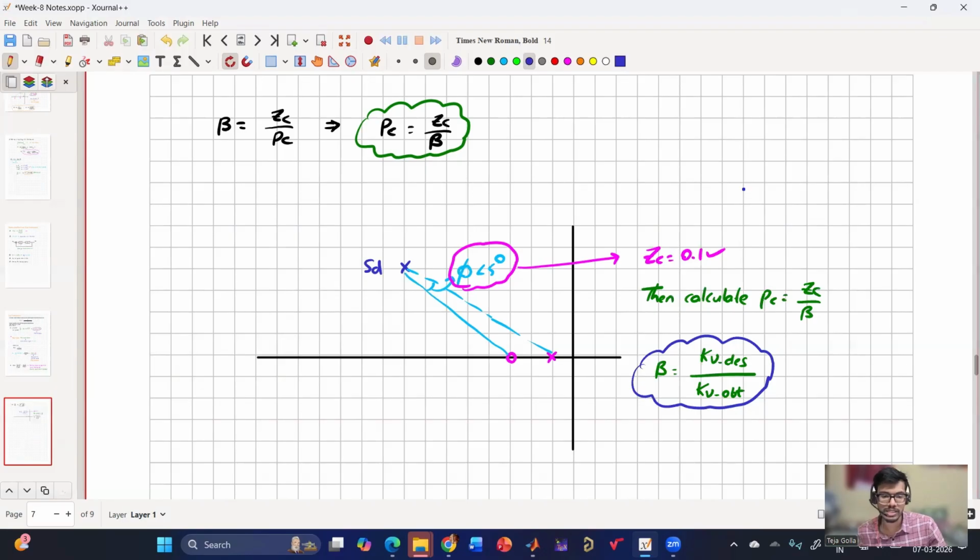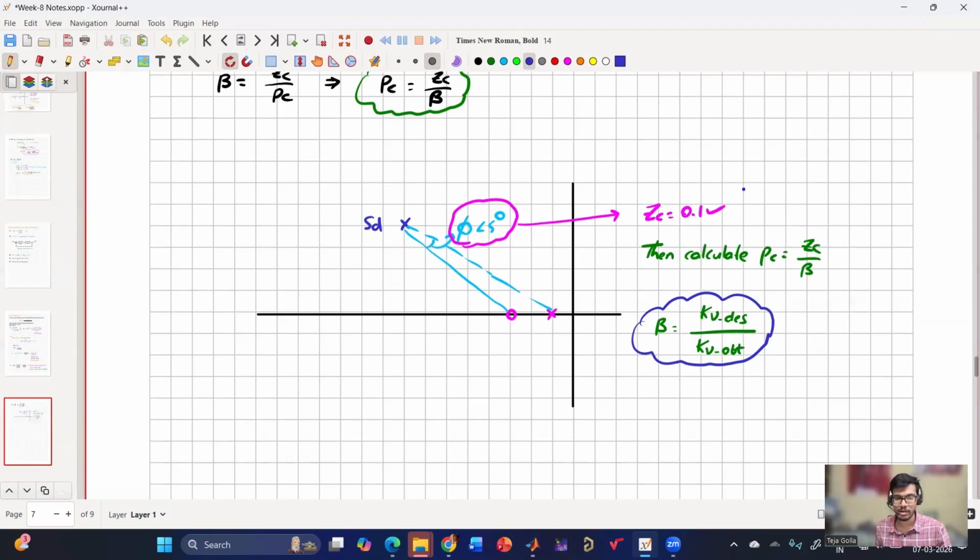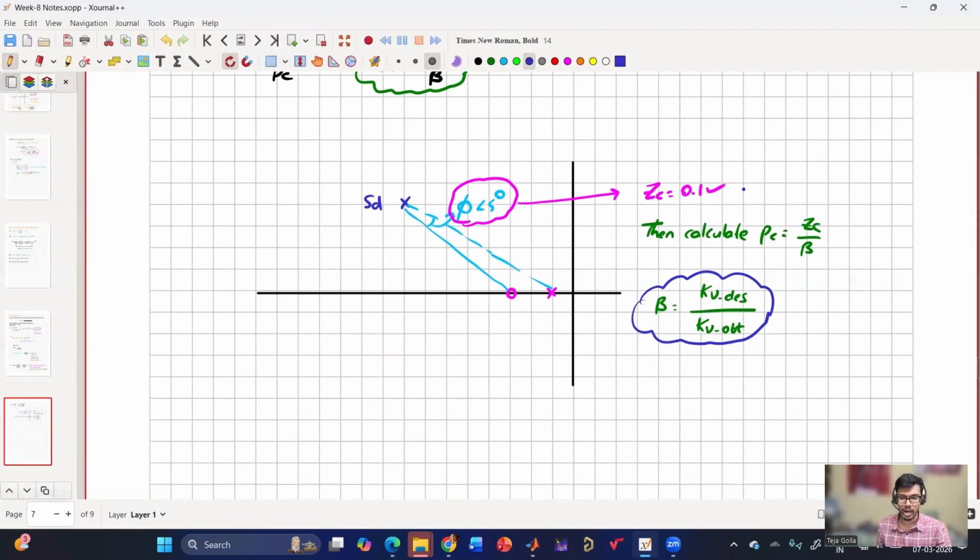So the lag compensation is easier to design. Why? Because I am not doing rigorous math like how lead compensation needs. Here we need additional gain to achieve the desired KV constraint, but we don't need any additional phase contribution because that will change the pole locations.